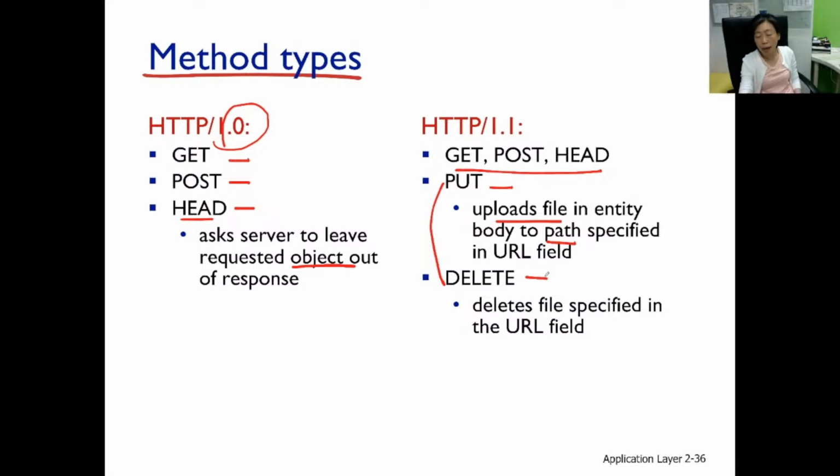FileZilla also allows you to do this. So essentially, HTTP 1.1 extends the original HTTP to include all the file uploading and downloading services, because the original HTTP only does file downloading, not uploading. Now, when HTTP 1.1 became available, the FTP protocol quickly lost its popularity. And that's why we rarely use FTP these days, because web browsers using HTTP can do all of this for you. All right, so this is the HTTP request.